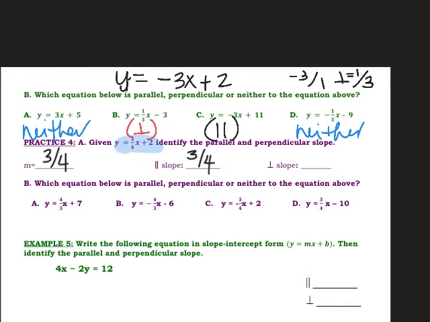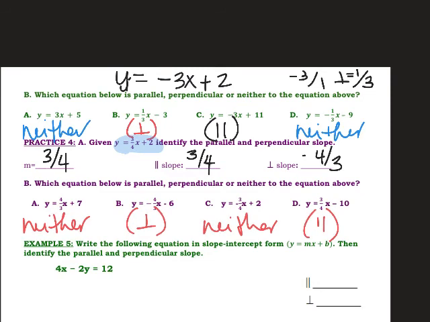No. Look at the symbol, right? The lines are going the same way. What about perpendicular? -4/3. We flip it. Good. So now you're just going to match it. Which one has a slope of 3/4 in A, B, C, D? D. So that's your parallel. Which one's your perpendicular one? B. So that means the other two are your neithers, right? Because they don't have them.